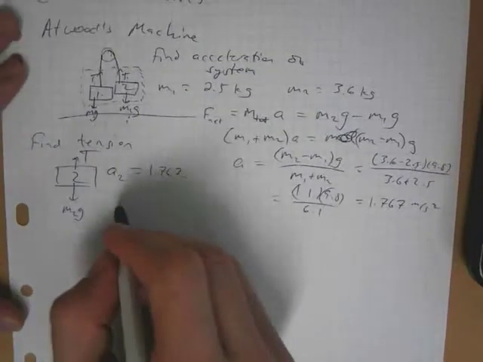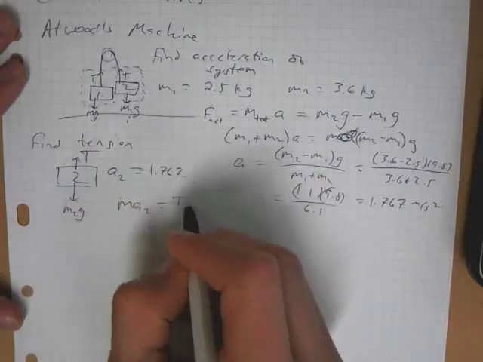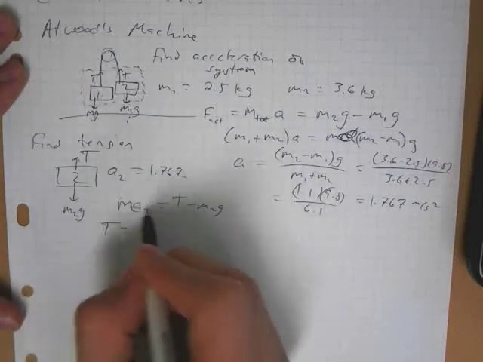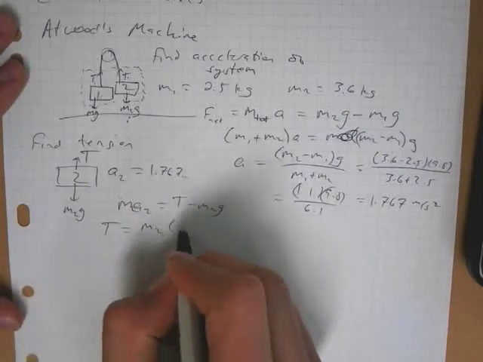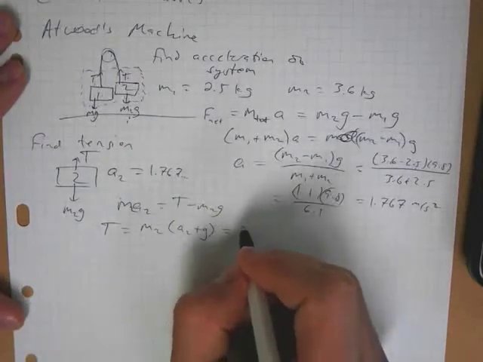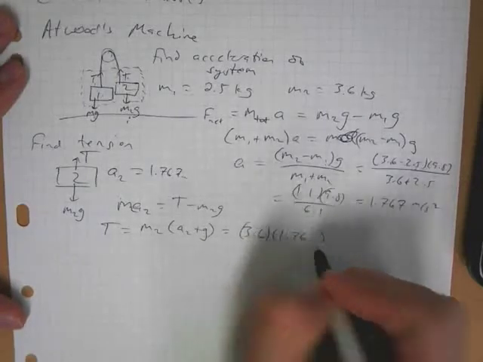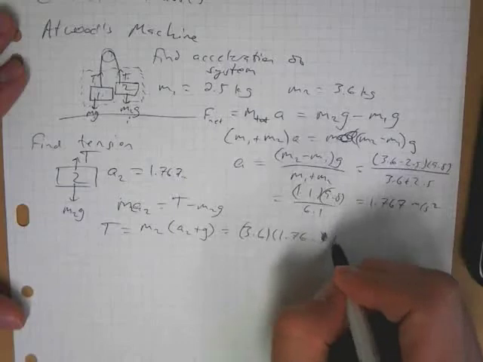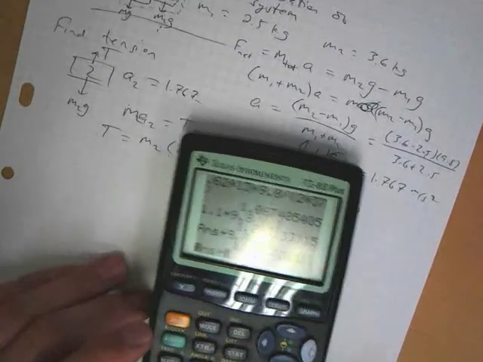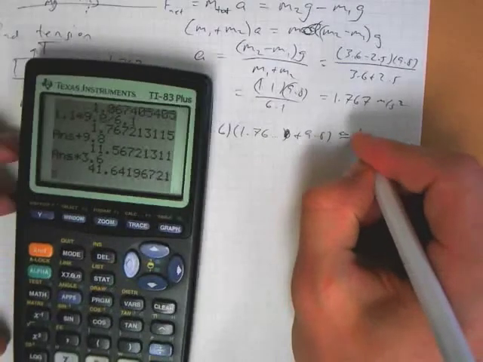So, for object 2, we can say mass times acceleration of object 2 is equal to tension minus mass of 2 times g. So the tension is just equal to the mass of object 2 times the acceleration of object 2 plus g, which is 3.6 times 1.767. We'll use the stored value from the calculator, plus 9.8.